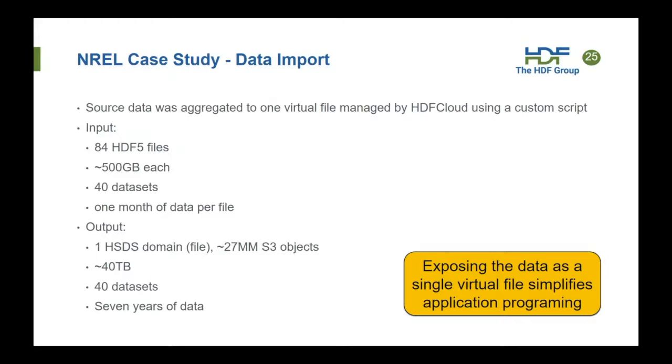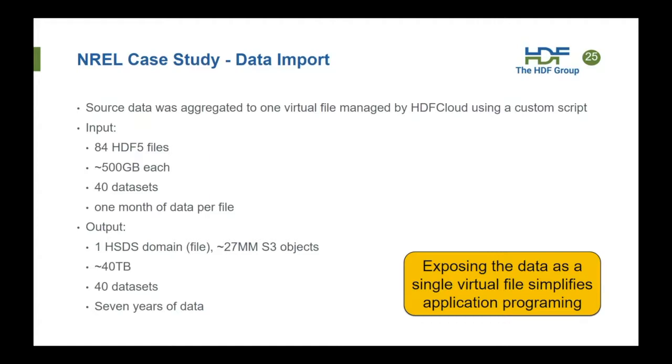So in this case, they had 84 HDF files, each about 500 gigabytes, 40 data sets per file, 1 month of data per file. And when we converted it to HSDS, we didn't convert that as 84 HSDS files. We created 1 HSDS domain or file that was the amalgamation of all those source files.